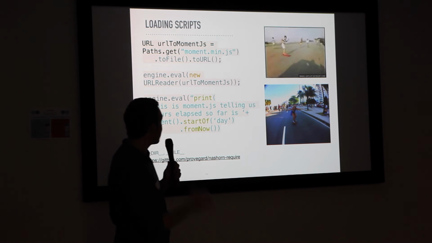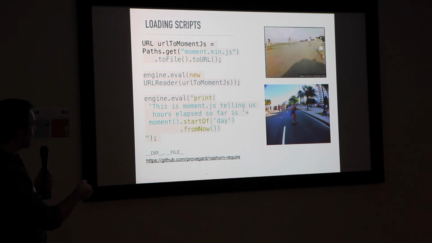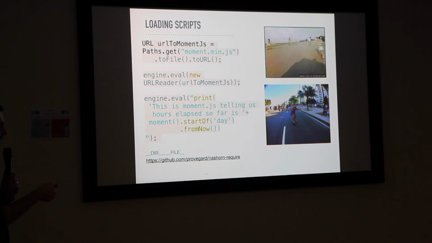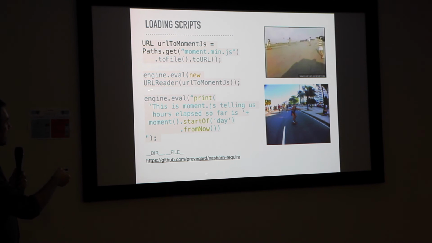What I've got on this slide here is a different way to do it. Eval can actually pass in a reader. This URL reader comes with the Nashorn SDK, but you can pass it any Java reader object. I basically just turned the path into a URL and passed it there.